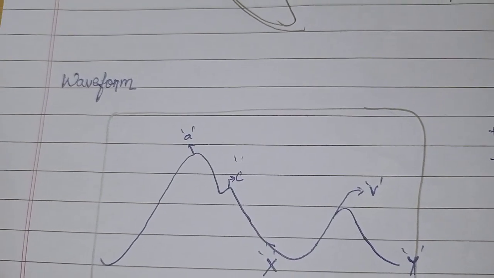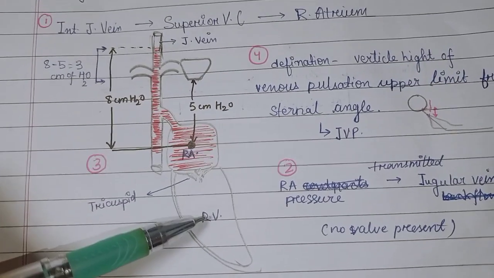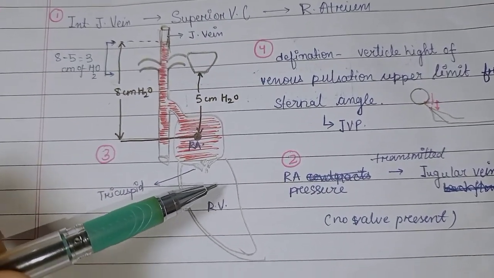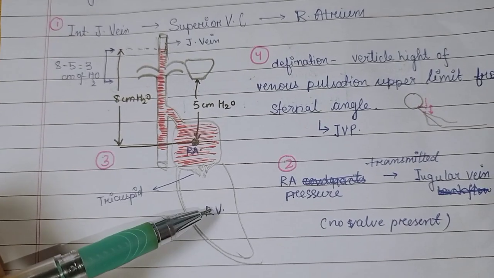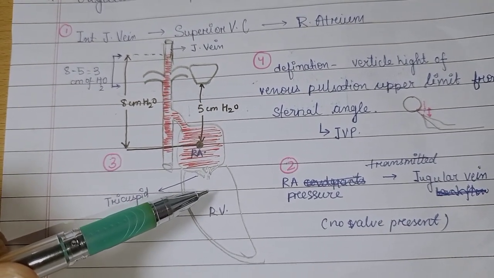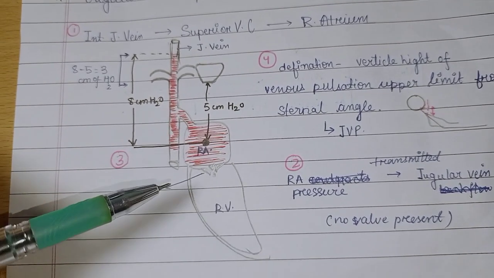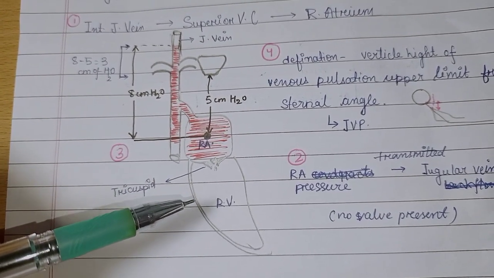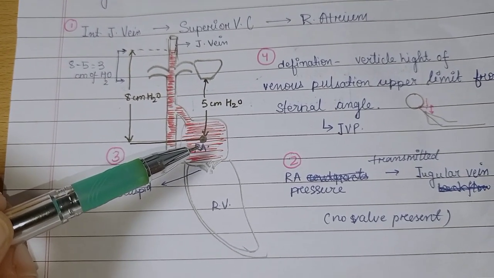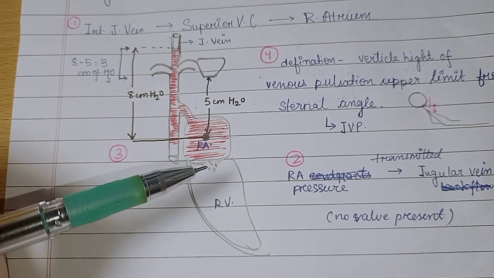Let's discuss this also. As blood is flowing into the right ventricle, there will be a rise in intraventricular pressure. Therefore, there will be closure of the tricuspid valve as the right ventricle contracts, and therefore there will be an increase in pressure in the right atrium due to closure of the tricuspid valve.